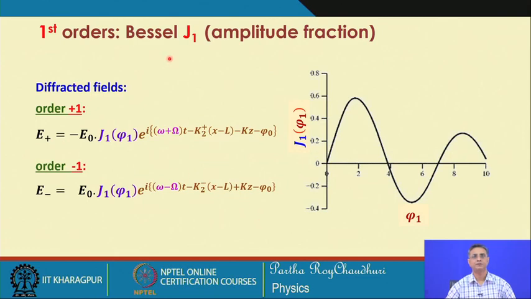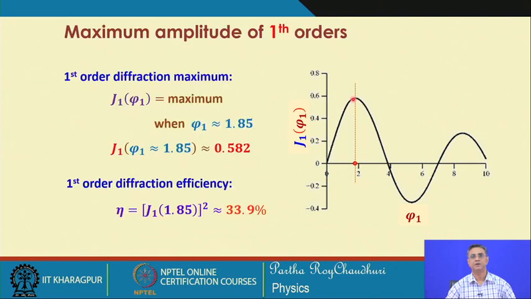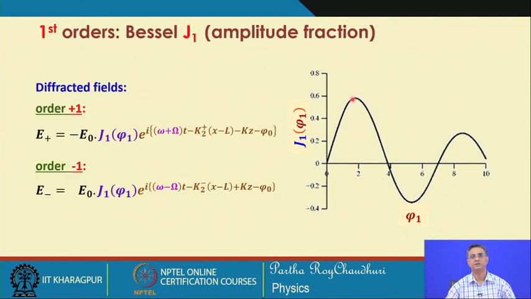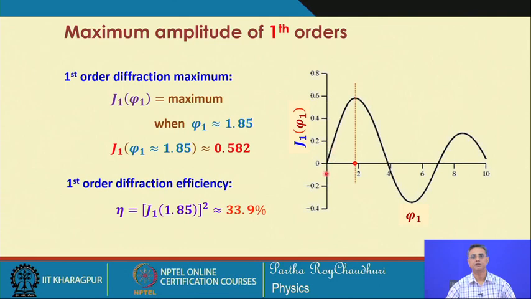First order Bessel function. If you look at this, this is the expression for the electric field amplitude of the light which is diffracted in the first order, and this is the amplitude for the -1 order. You can see that this amplitude becomes maximum at this point, starting from 0.